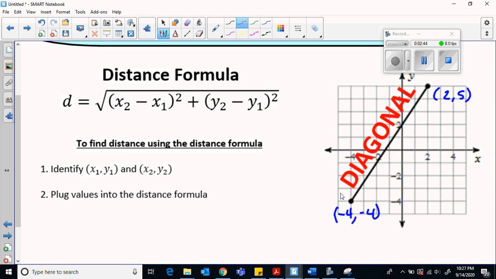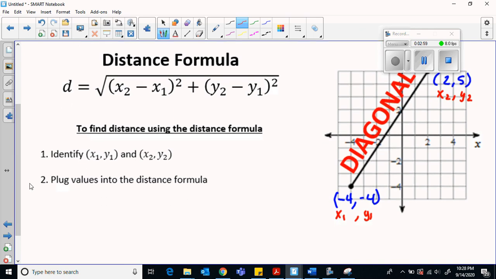We're just going to label them: x sub 1, y sub 1, and x sub 2, y sub 2. Those little subscripts, 1 and 2, are just so you can name them: x of the first ordered pair, y of the first ordered pair, and so on.